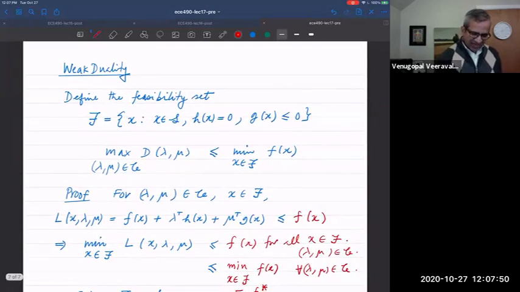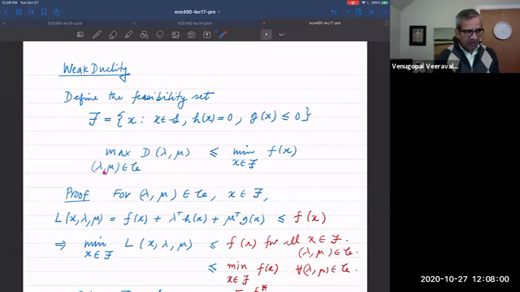So we've shown that the maximum of the dual function d(lambda, mu) over the multiplier set is less than or equal to the minimum of the original function.